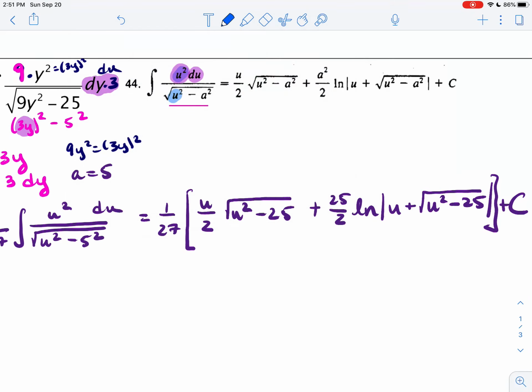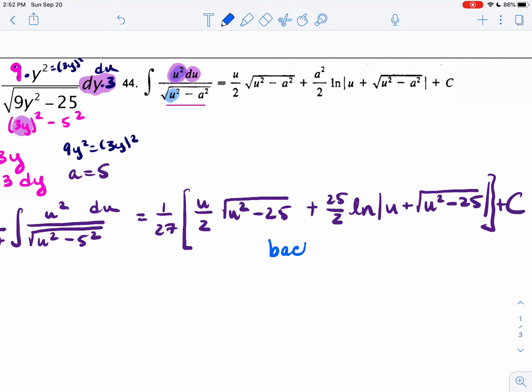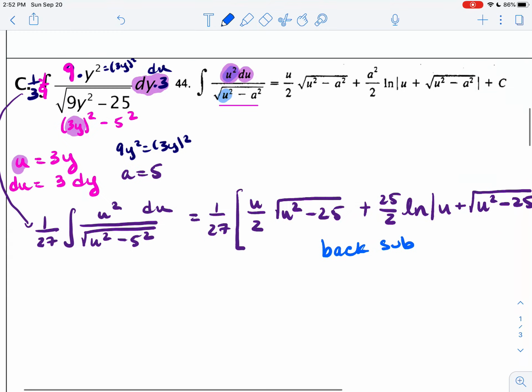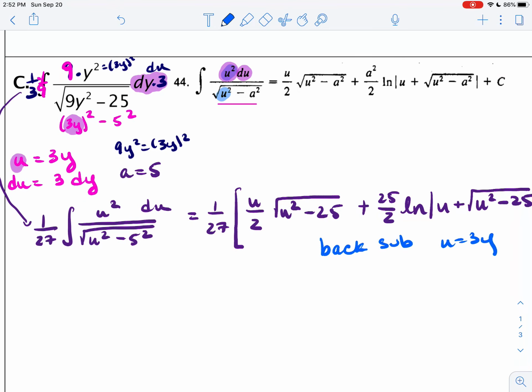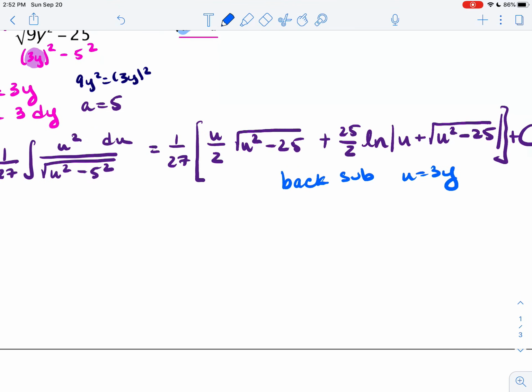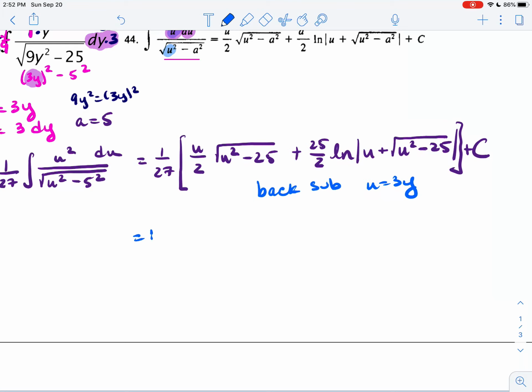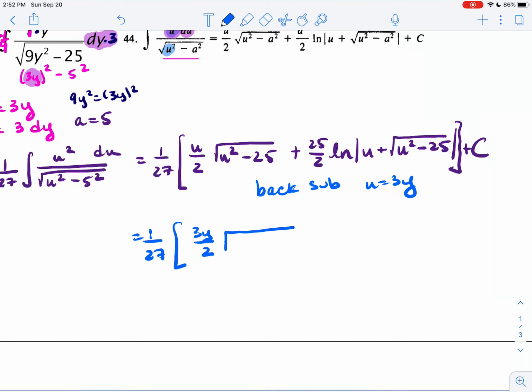I now want to back substitute for u, because we started with an integral in y, so we want to end with an integral in y and not in u. So we want to back substitute u equal to 3y, and so we're going to end up with 1 over 27, and our u is 3y.